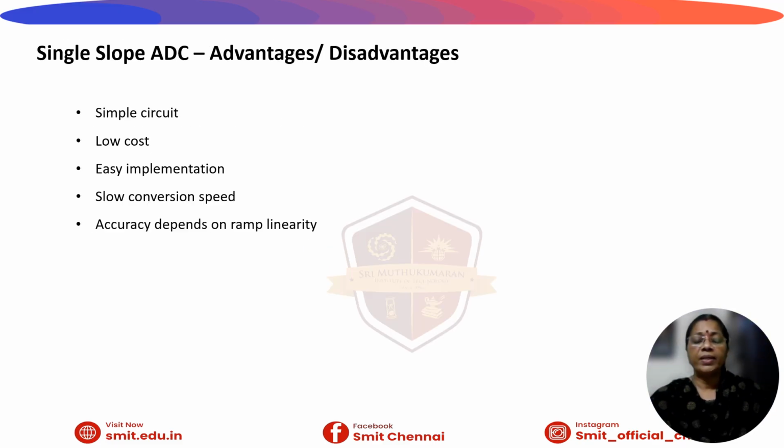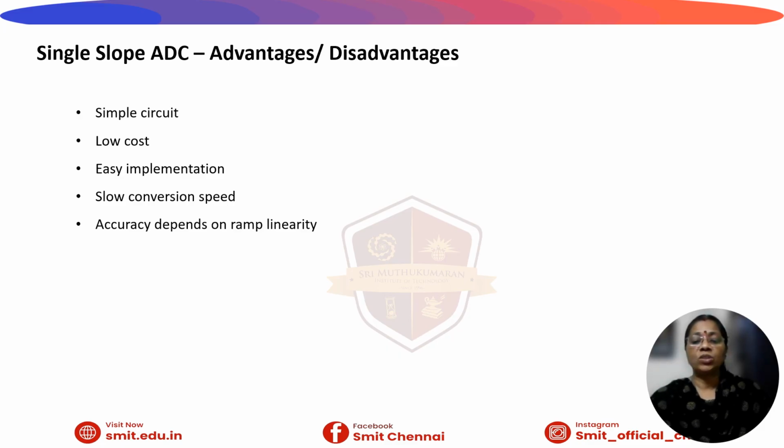The advantages and disadvantages of the single slope A to D converters are discussed here. The advantages are that it is highly accurate, has a very simple circuit composition, low noise sensitivity, and is low cost.